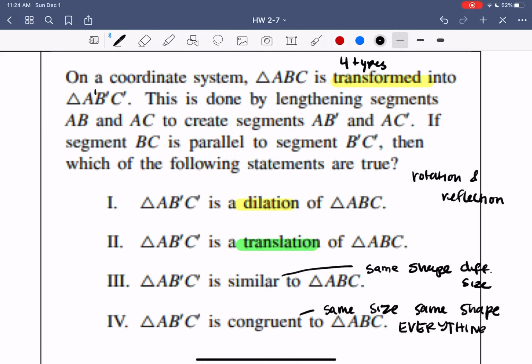So this word here, they said lengthening, by lengthening segments. If it's lengthening, that means it is growing. So remembering that with a translation, they're going to be congruent, whereas with a dilation, they will be similar.